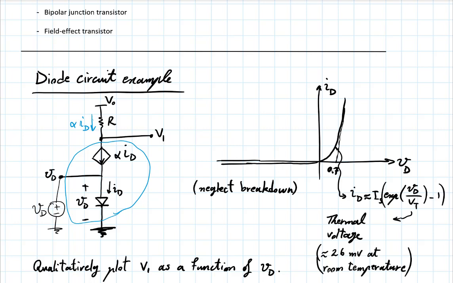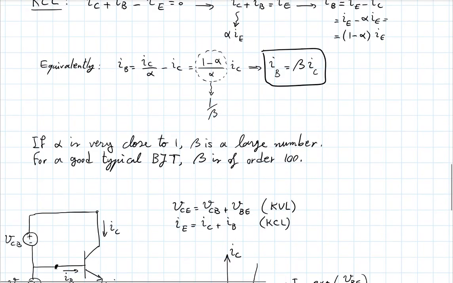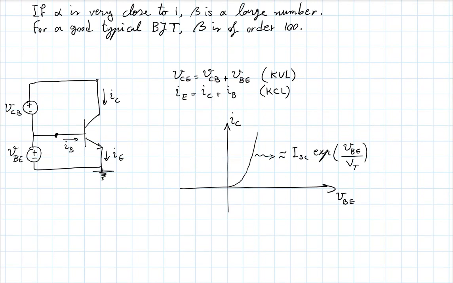And in fact, ideally, you wish you had a transistor where this was the case, and the variations of the collector voltage did not affect the current. That would be good for many things. In reality, that's not the case.